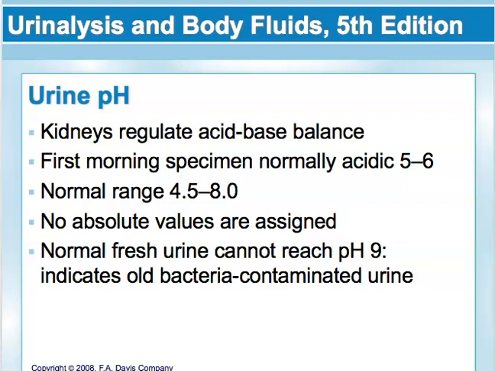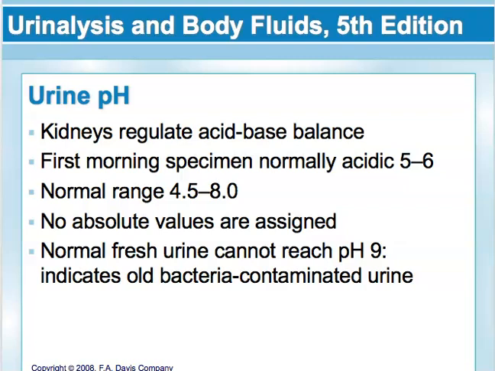Because of the variation that can occur, there are not really any normal values assigned to urinary pH, and the result has to be considered along with other patient information such as acid-base content of the blood, the patient's renal function, presence of a UTI, their dietary intake, and the age of the specimen.